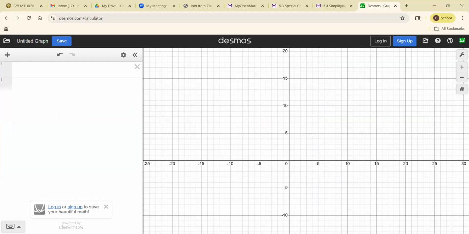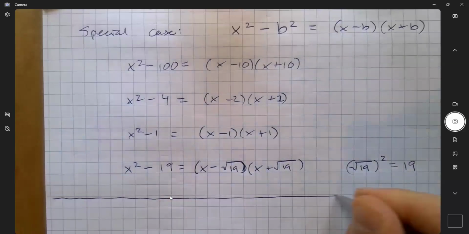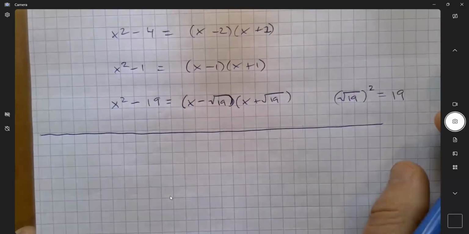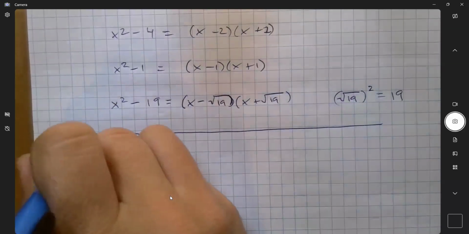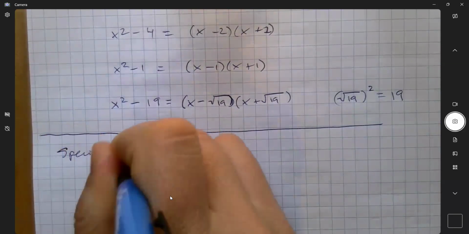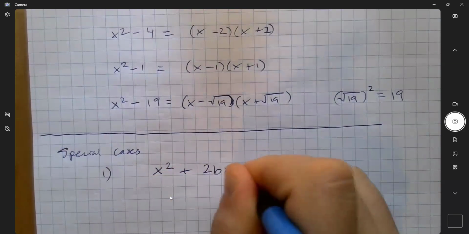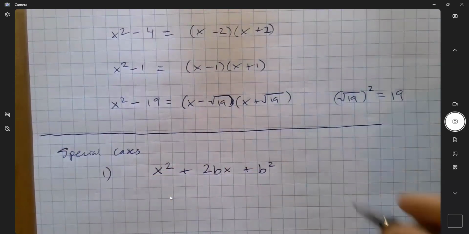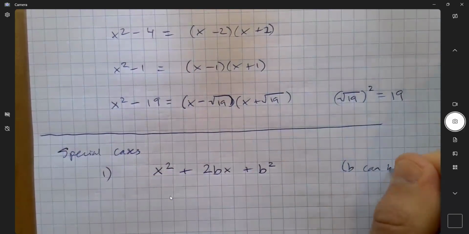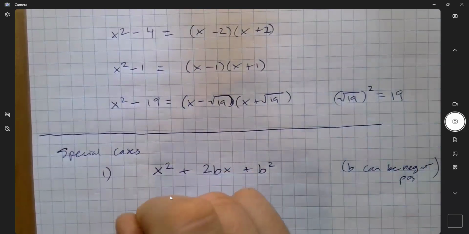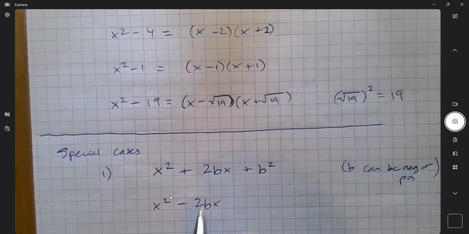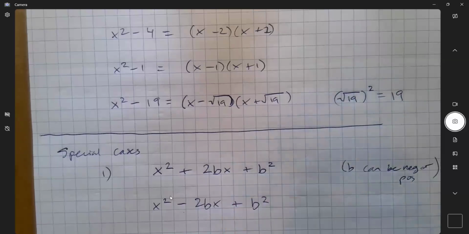All right, now I'm going to write down all the special cases so you have a list. I'm going to write them down using letters. The first one says if I have x squared plus 2bx plus b squared, and here b can be negative or positive. So I might also have something like x squared minus 2bx plus b squared. These are basically equivalent.